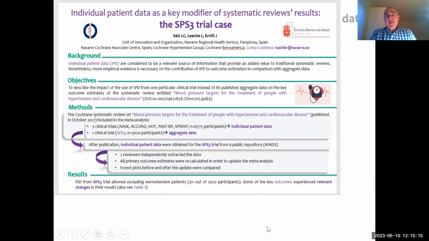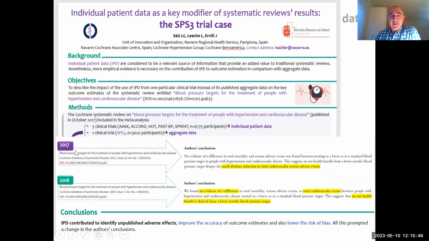Well, regarding individual patient data, just a couple of slides just to let you know the importance of this information. This, as an example, is the case of a Cochrane review we worked on. We wanted to learn whether lowering blood pressure below standard thresholds was beneficial for patients with hypertension and cardiovascular disease.